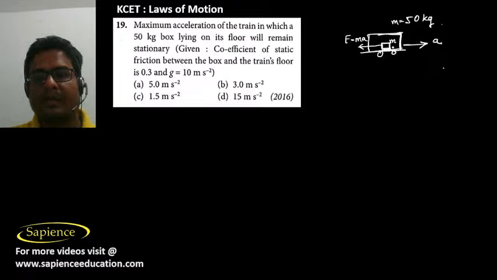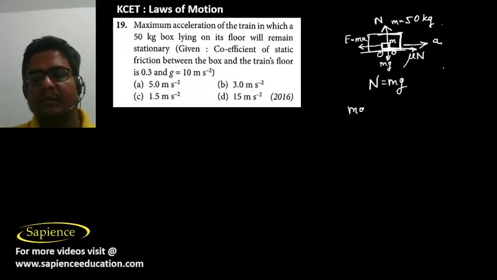So ma should balance with the frictional force, which is mu N, and the normal reaction will obviously be equal to mg. N is equal to mg. So it means that ma should be equal to mu mg.